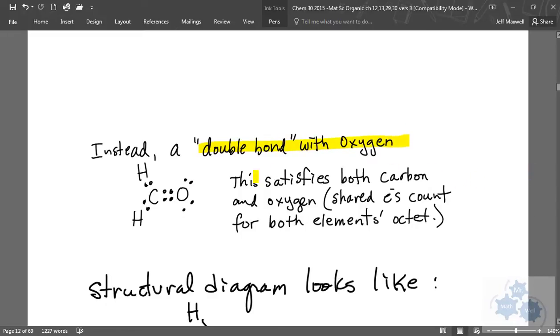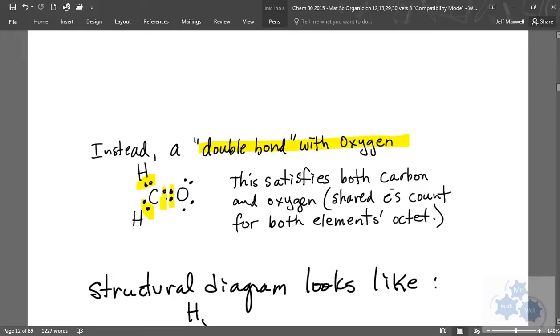And this is how you draw the CH2O diagram, where carbon has 2, 4, 6, 8 electrons around it. You see that? In the double bond, those 2 electrons are counted for carbon, and they're counted for oxygen as well. So here you can see that carbon is satisfied because it has 8 electrons around it.